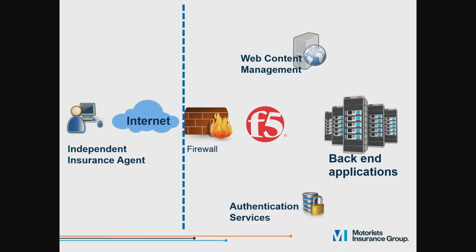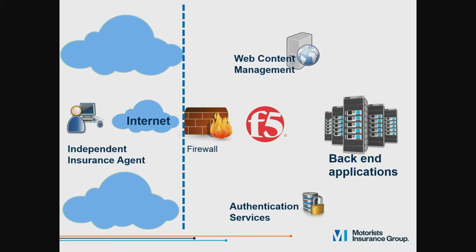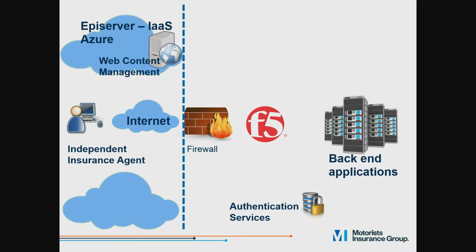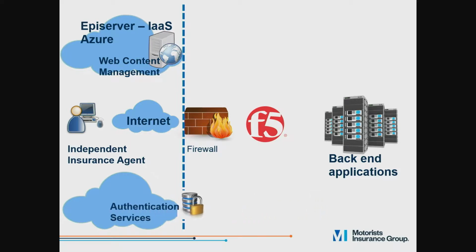So our app dev team made a decision to move the web content management, which is our portal page, to a hosted solution in Azure, hosted by Episerver. Our security team made a decision to move our authentication services to a cloud-based solution, Okta, which is on AWS. Our Guidewire implementation was going to happen on-prem.